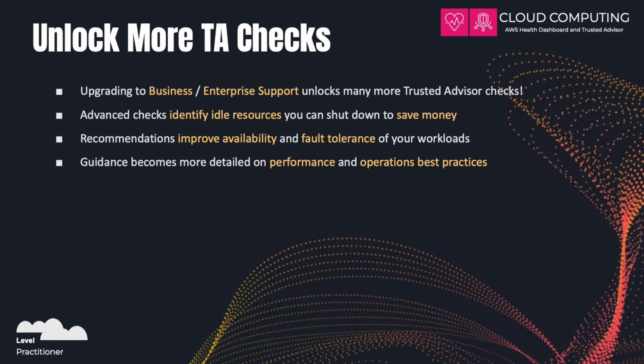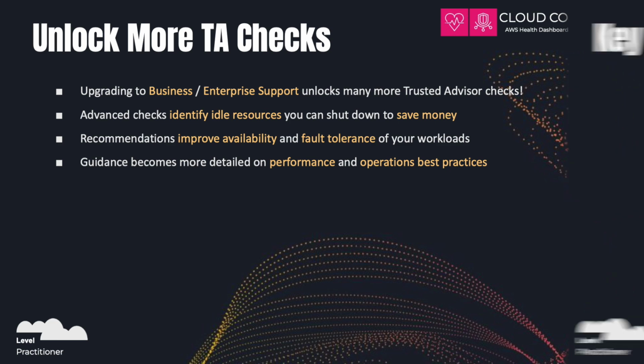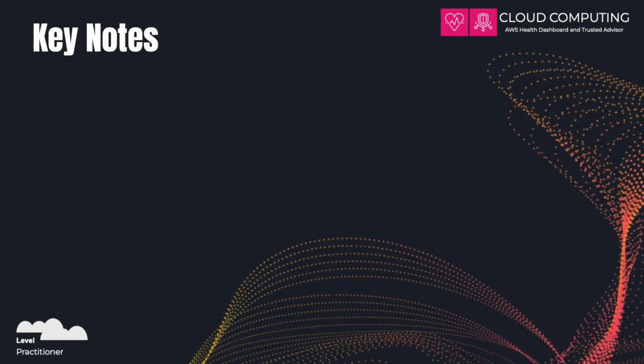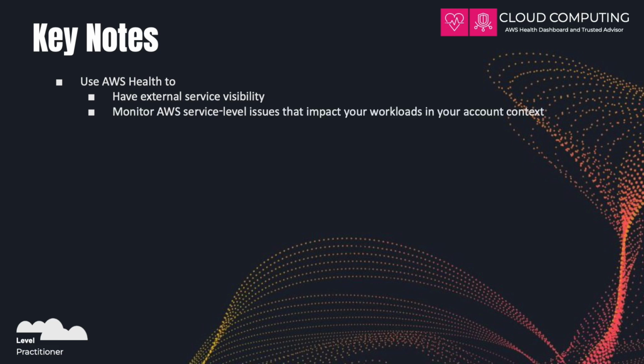So to quickly recap and help you remember the key ideas from this video, there are two tools in your AWS account that help you stay reliable and follow best practices over time. The first one is AWS Health, which helps you understand what's happening inside AWS. It can show you whether an AWS issue actually affects your workloads or not, and you can access that information via the console or through APIs that you can plug into your own tools.